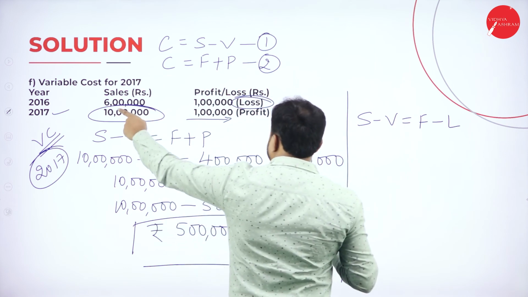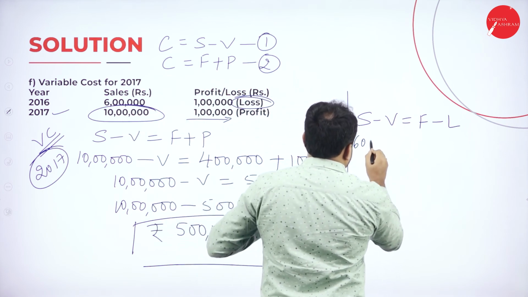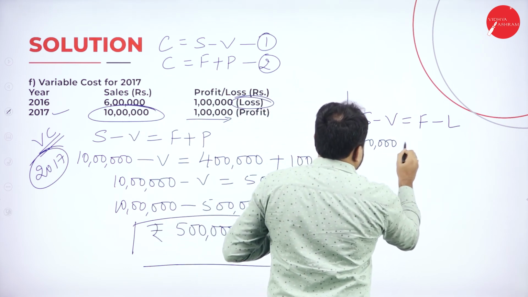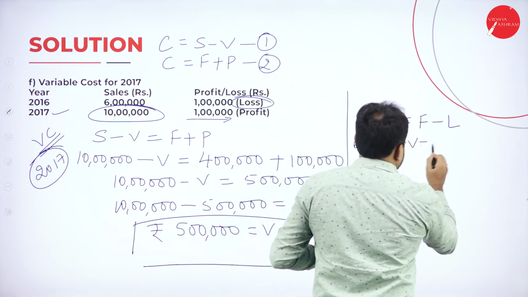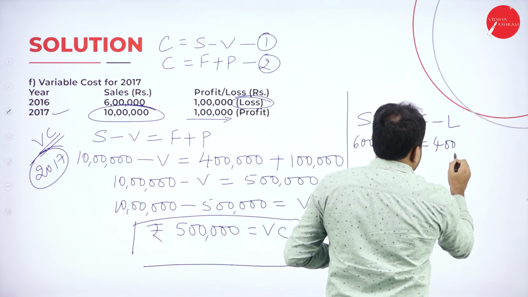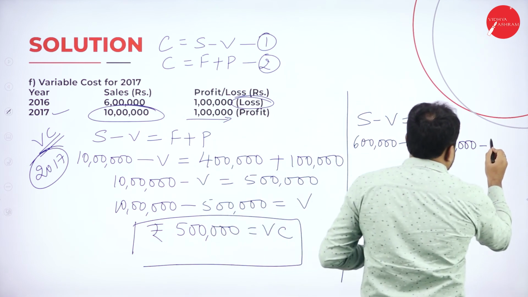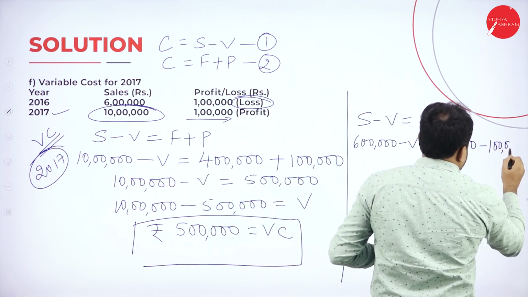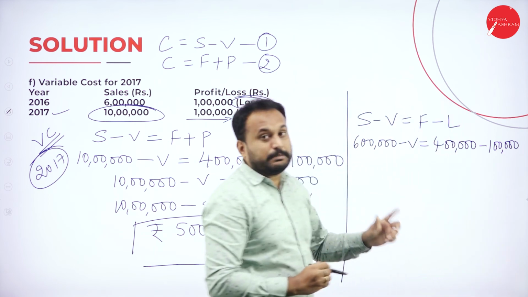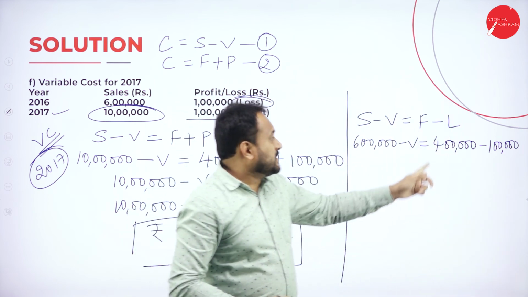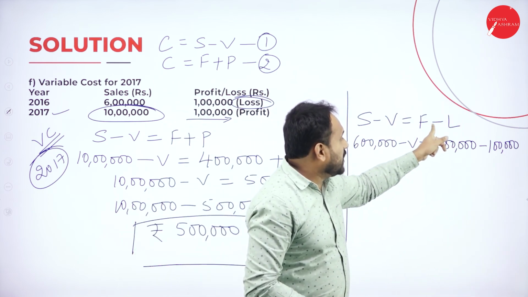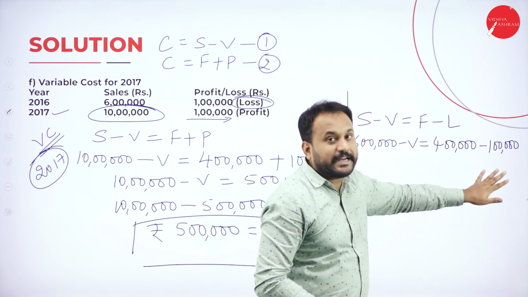Sales of 2016 is how much? 6 lakh minus V, we don't know, is equal to fixed cost, which is the same, 4 lakh, minus loss, which is 1 lakh. You are not supposed to put minus of minus, because minus loss means this is the loss they are asking about. That's why it is only minus loss.